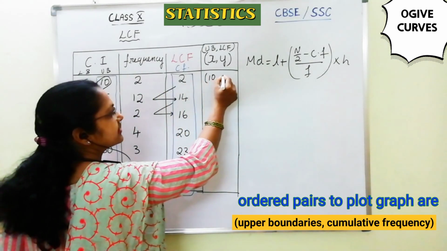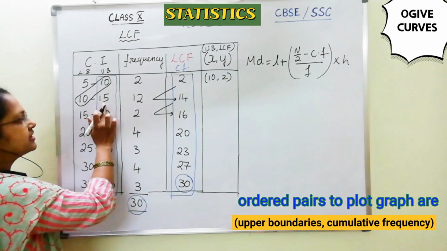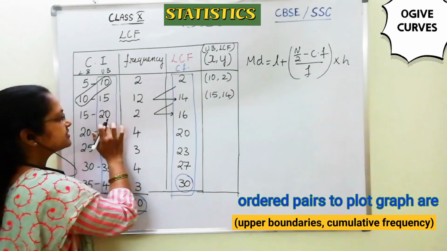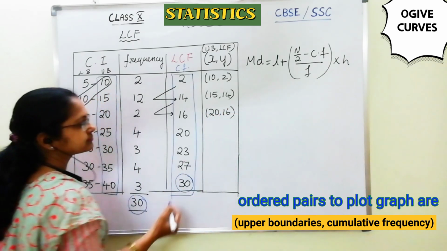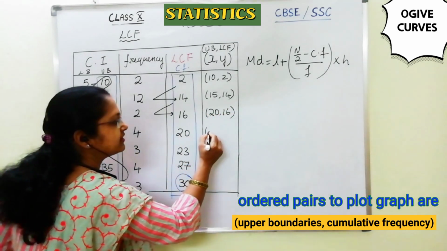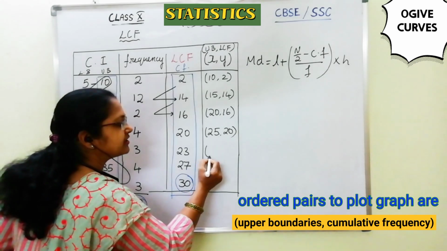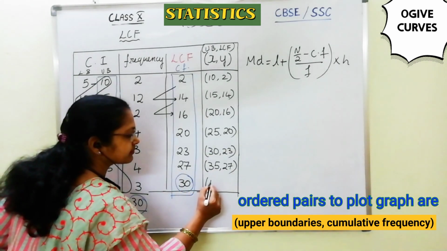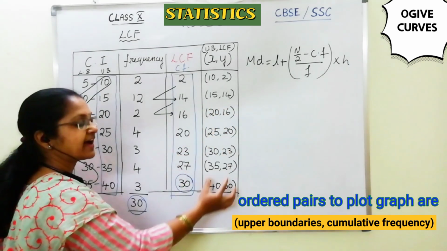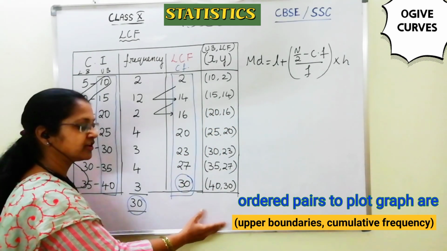Very easy, don't get worried, just write the points. 15, 14. Next 20, 16. 25, 20. 30, 23. 35, 27. 40, 30. Now these are the values ready for us to be plotted in the graph.